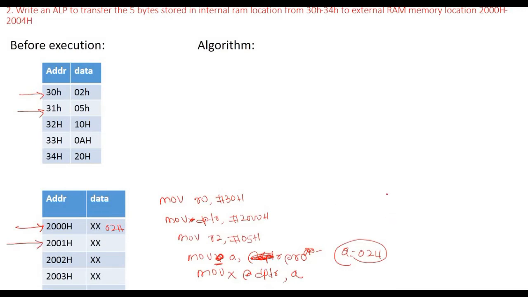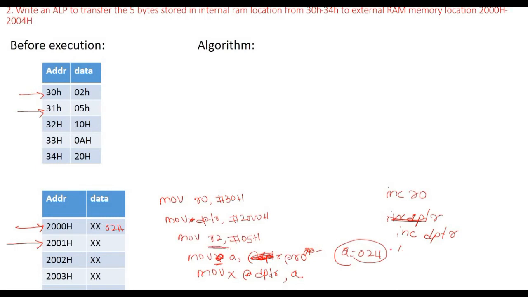That's why the instructions we need to use are increment R0 for the source pointer, and increment DPTR for the destination pointer.